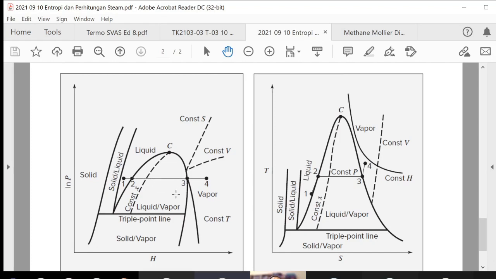Thank you. Okay. So if this Mollier diagram is for H2O, water, then we have liquid, vapor, and a mixture of liquid and vapor of the water. We put that in a steam table.